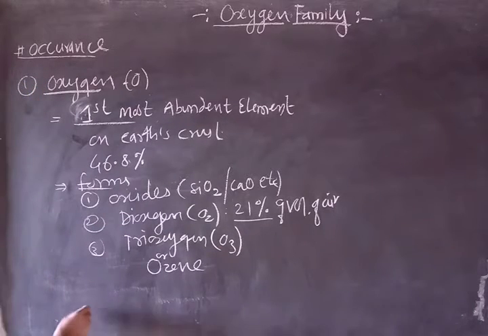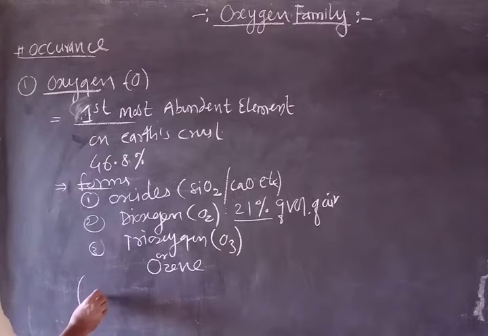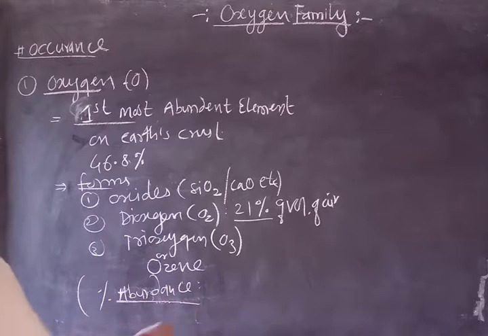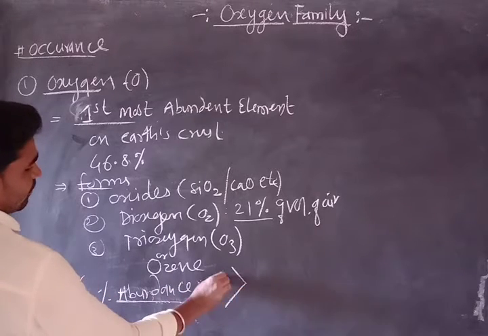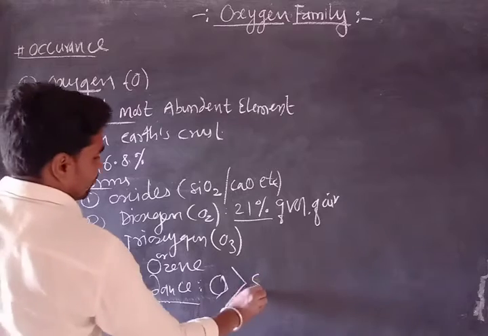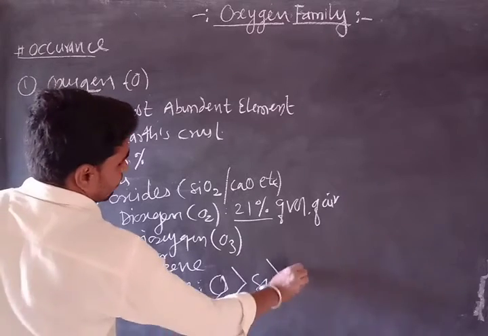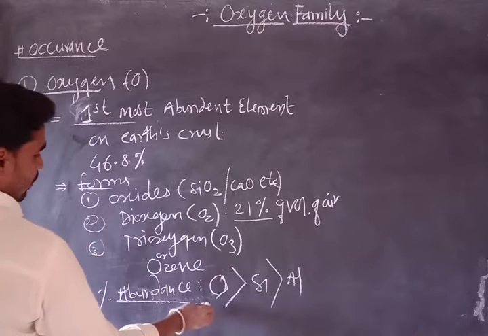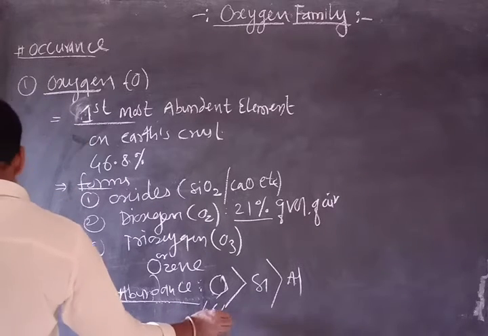You can even remember that if we see the percentage of abundance of all elements, oxygen is the first. After that we have silicon, and after that aluminium. Oxygen comprises about 46%.